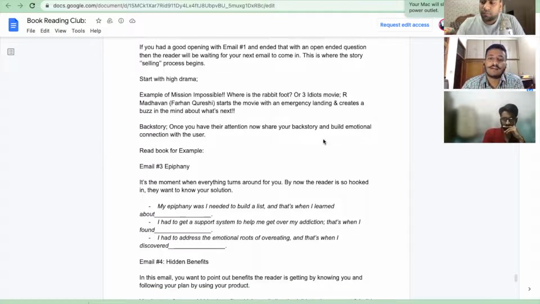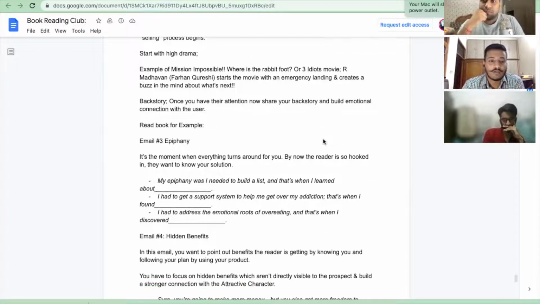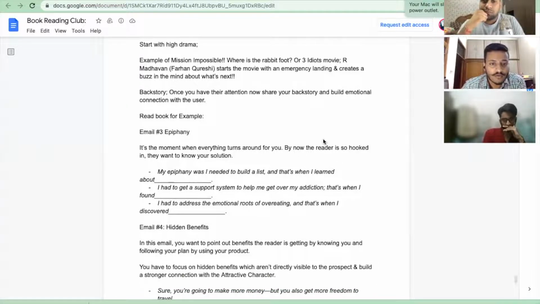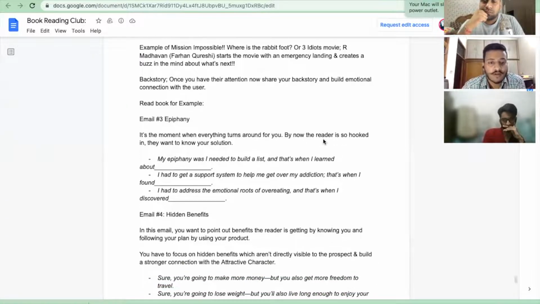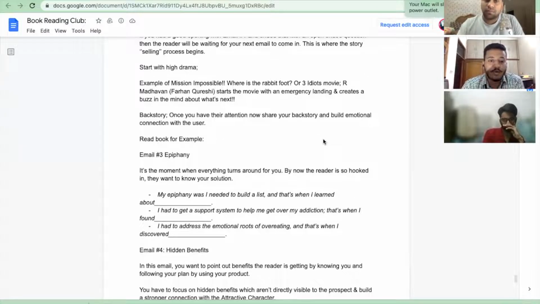This way, he created the attention of the user reading the email. He created his backstory, and that helped him build an emotional connection with the user. Read the book, for example. And at the end of the second email, we'll be leaving an open-ended question which will be answered in the third email.